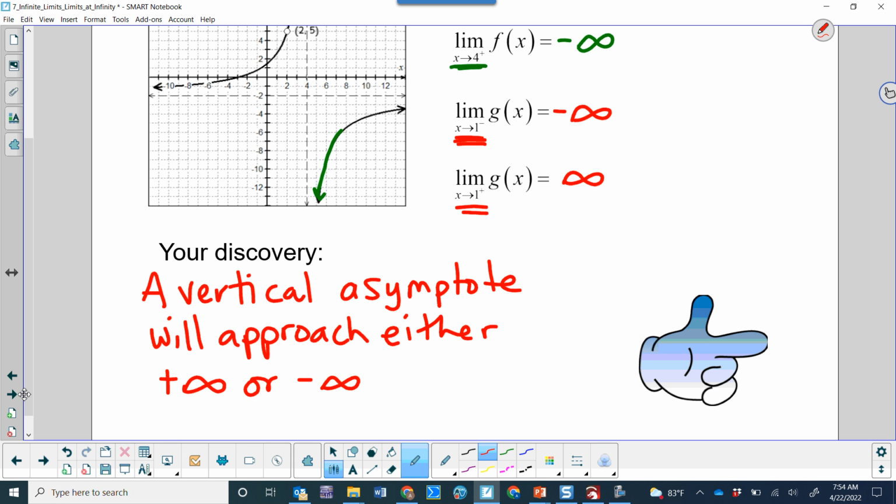It will occur if the one-sided limits are unbounded. So as we approach a vertical asymptote, we will approach either positive or negative infinity.